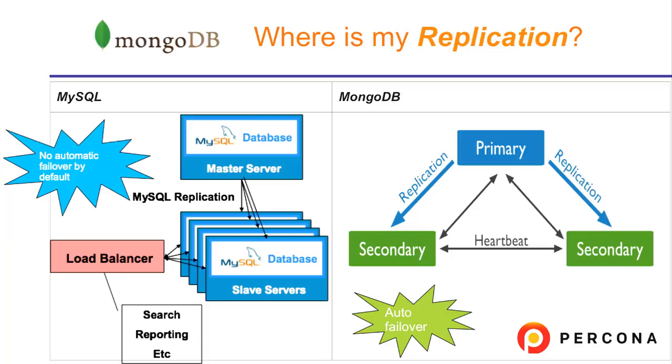Again, there's no SQL, so there's no problem with parsing the SQL statement and determining if it's safe to run it on the master, if it's safe to run it on the slave. Do we have insert select or do we have just select? There's nothing like that. The commands are straightforward. There's no transaction, there are no joins in MongoDB again. So the replication implementation is much easier to do.